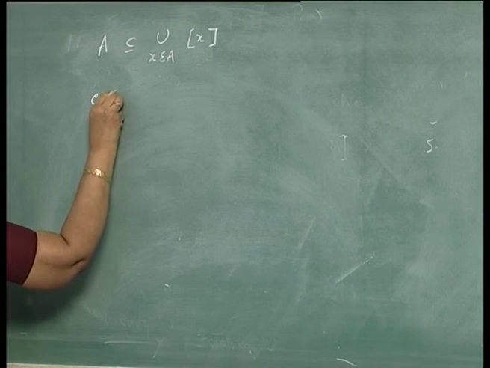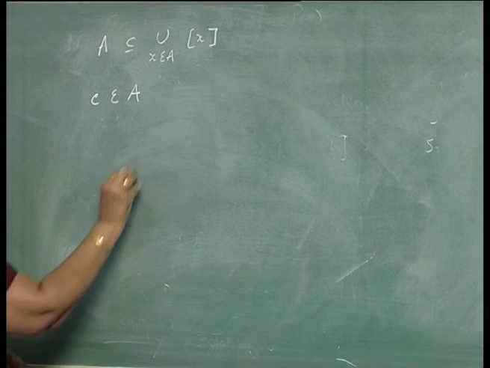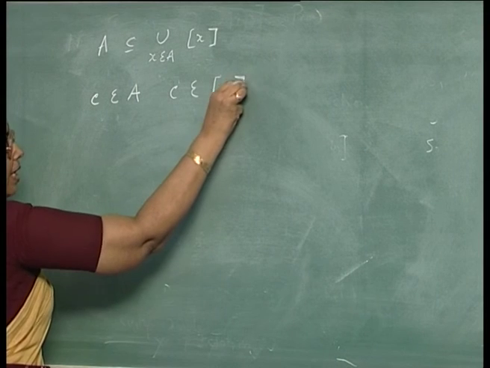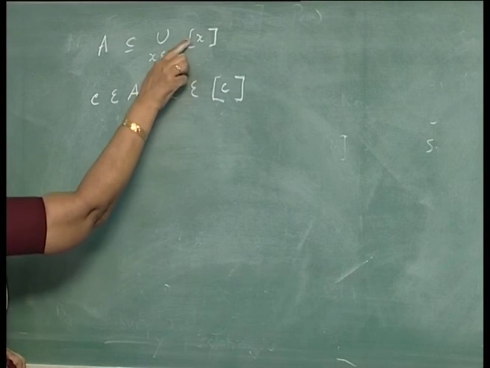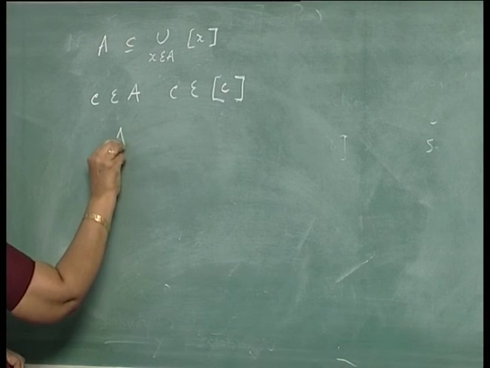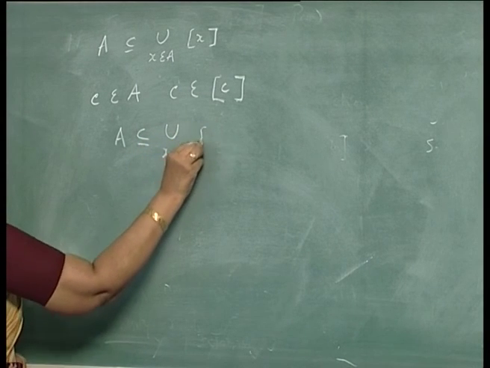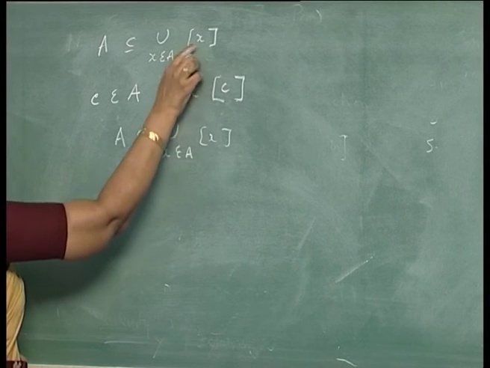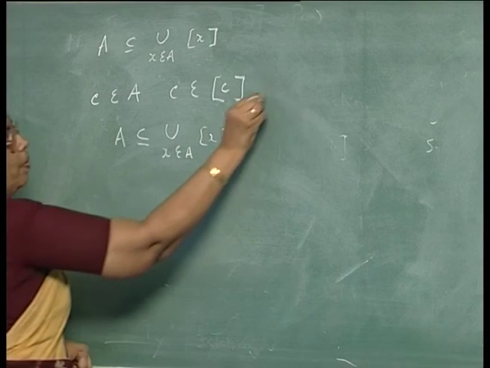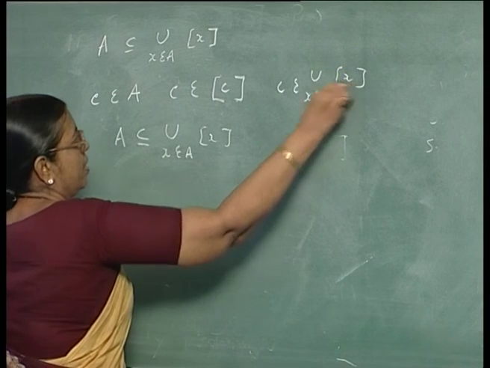Take some C belonging to A, then C will belong to the equivalence class of C, and that is one of these classes, is it not? So, if C belongs to A, C will belong to the union over x belonging to A of the class of x, and from this you can conclude that A is contained in the union.